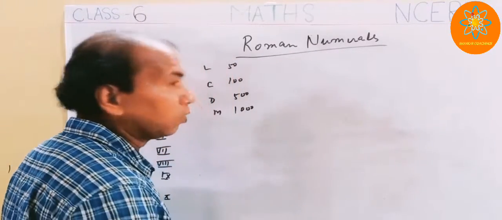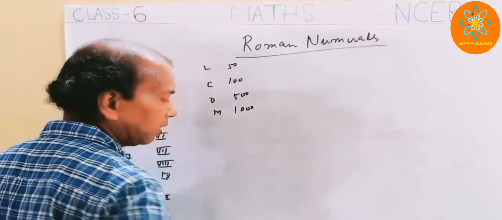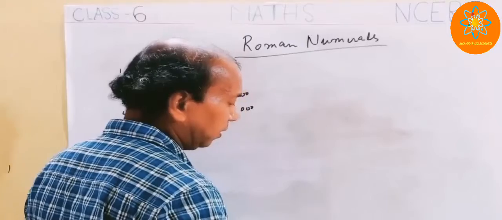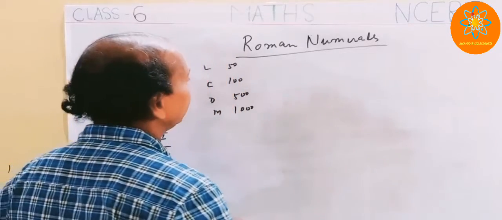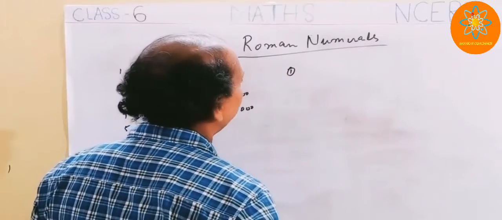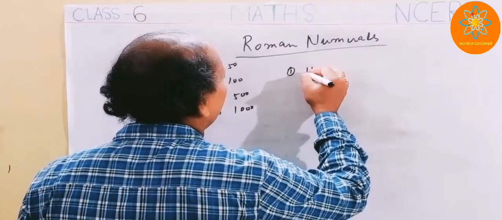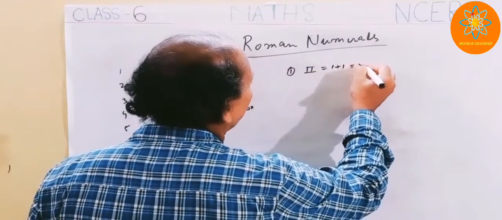Now there are certain rules for this. The first rule is, if a symbol is repeated, it is added as many times as it is repeated. For example, this is 1 plus 1, so it is 2.